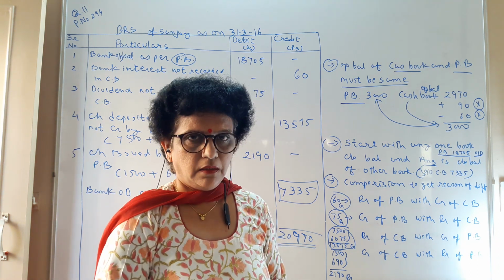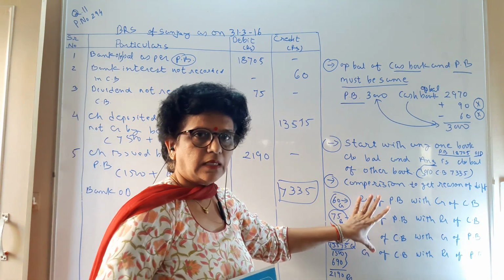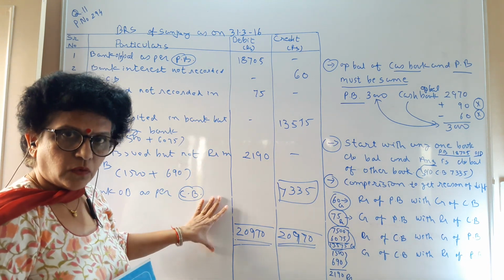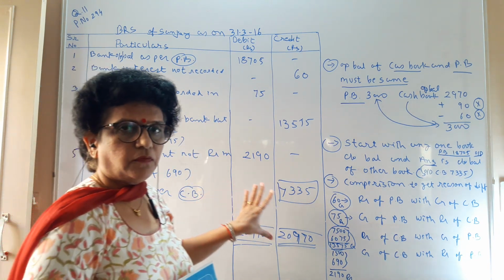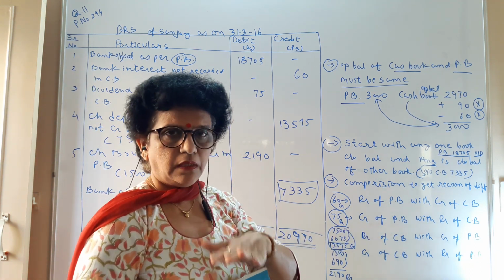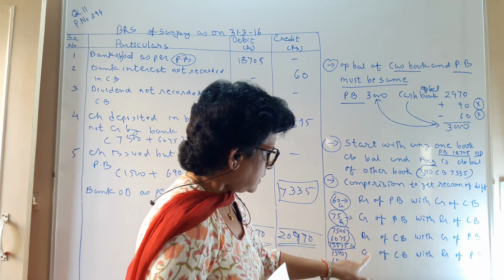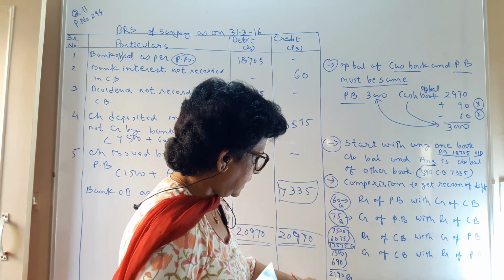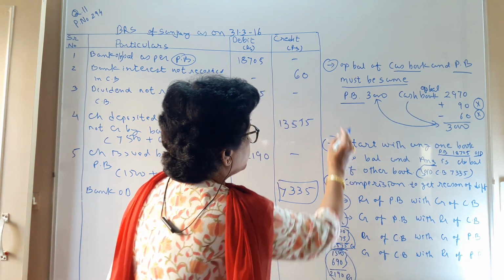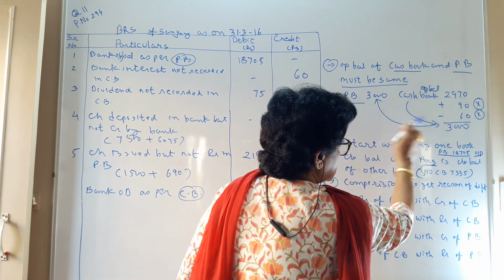So in this manner, in real practice, we have to find out ourselves the reason and we have to prepare the BRS. No one is going to write the reason for us and then expect you to prepare BRS. So comparison to be done. 4 ways comparison you have to do. You will get the reasons, you will get what to be done, and the basic condition is first opening balance has to be equal.